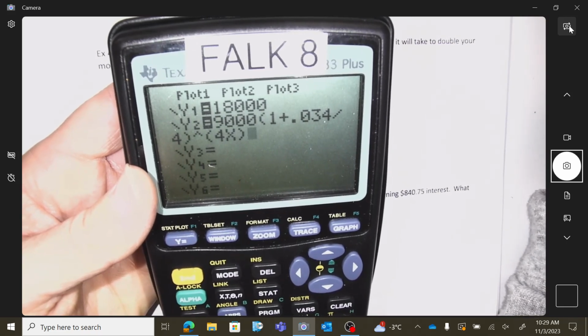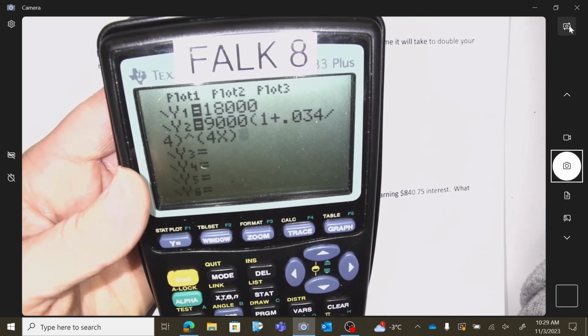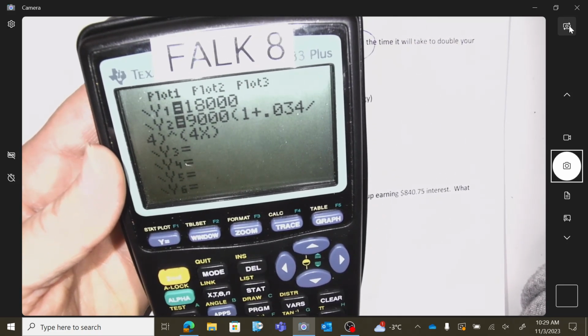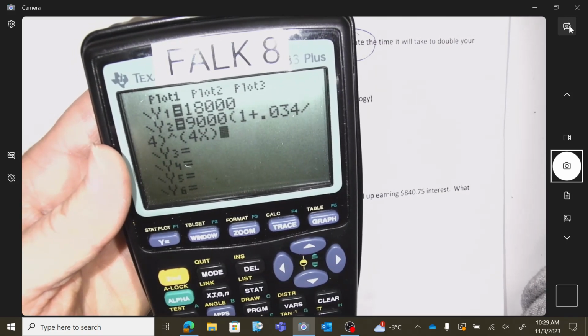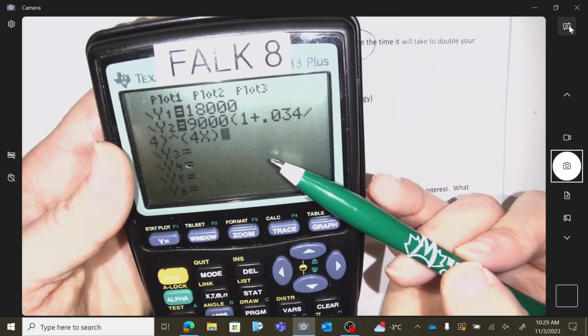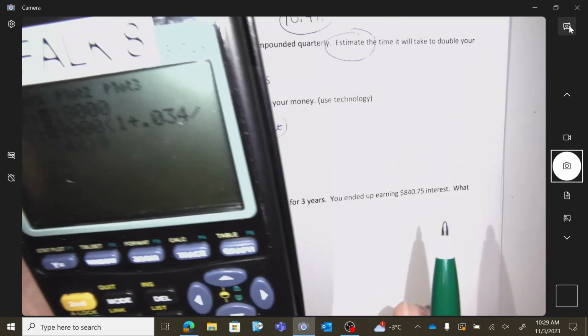And then remember that our answer we're looking for is around 21, right? What are we supposed to do with the exponent? 4t? Did you do that? 4x to the bracket 4x?